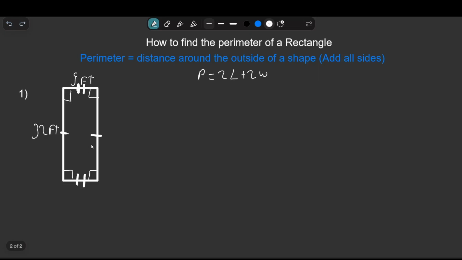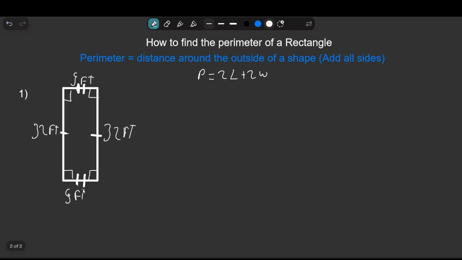As we know, the opposite side of one side has the same length. So if this side is 32, then this side will be 32 feet also. The same goes for this one: 9 feet here, and the opposite side will be the same length.